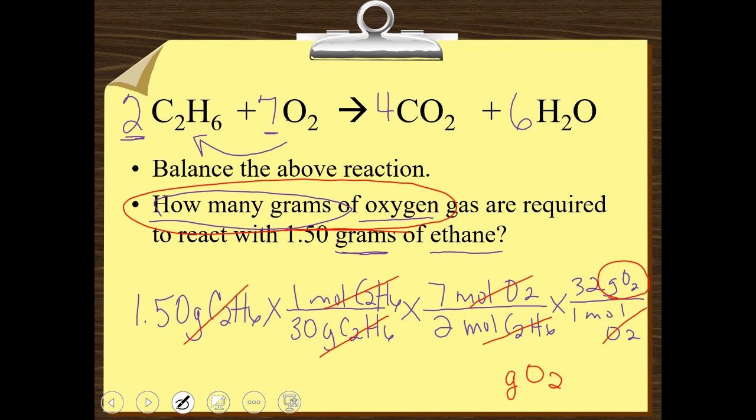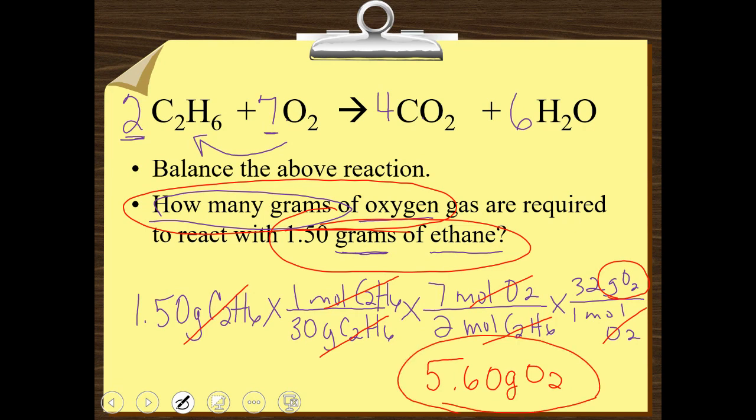And we take the 1.5 times 1, divide by 30, do not hit equals, times 7, divide by 2, times 32, and I got 5.60. I had to add that 0 to make it 3 sig figs, but I added that 0. So if I had 1.5 grams of ethane, this is how many grams of oxygen are going to react with it.